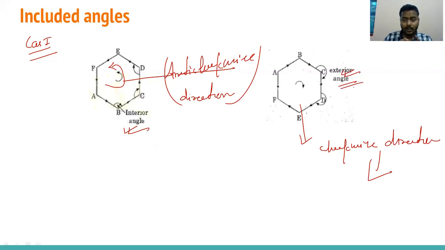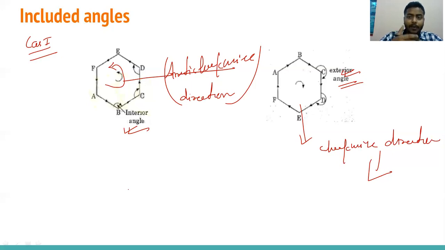So whenever we see the questions, you have to just draw a rough diagram to know whether the traverse is running in clockwise direction or anti-clockwise direction. Once the traverse is running in anti-clockwise direction, whatever included angle we get will be the interior angle. When the traverse is running in clockwise direction, whatever angle we are getting would be the exterior angle.